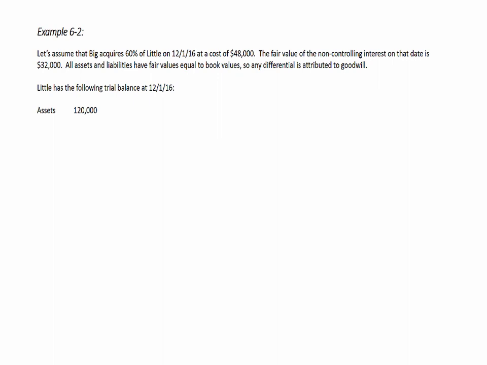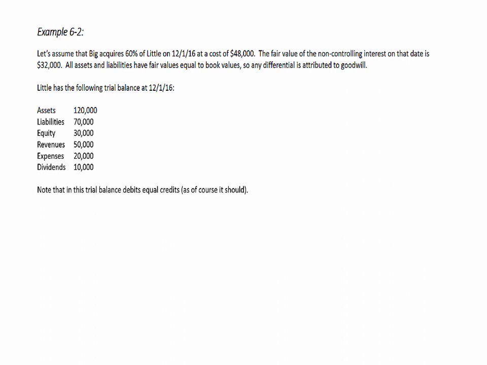They've got assets of $120,000, liabilities of $70,000, equity of $30,000, and since they're in the middle of the year, they're going to have some open revenue and expense and dividend accounts. They've got revenues to date of $50,000, expenses to date of $20,000, and dividends to date of $10,000. And we note that this trial balance debits equals credits, as of course it should.